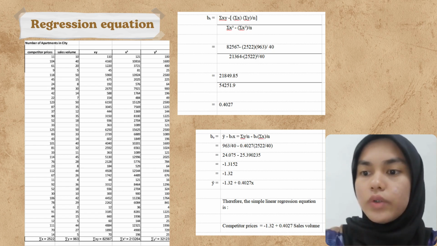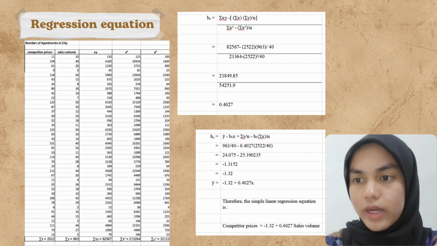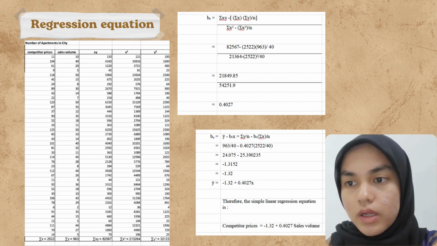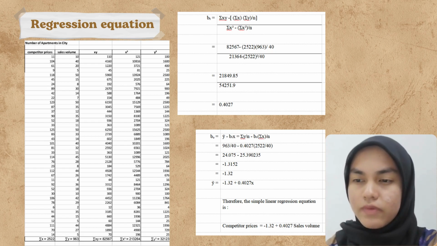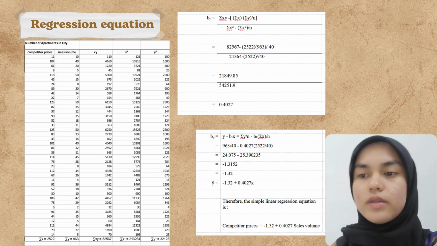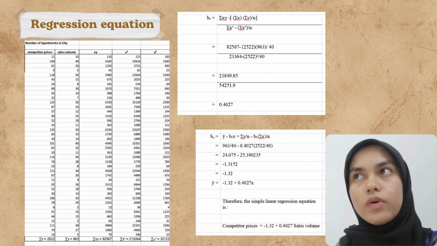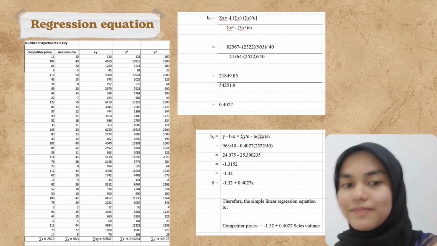So we got the value of the top one is 21,849.85 over 54,251.9. So we got the divided value of 0.4027. For decimal places, it's a must.